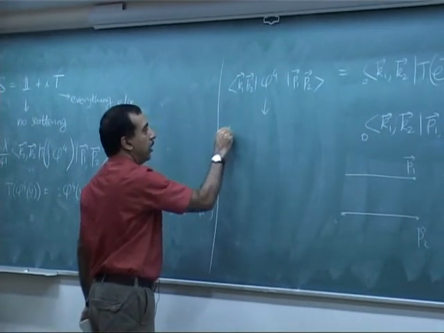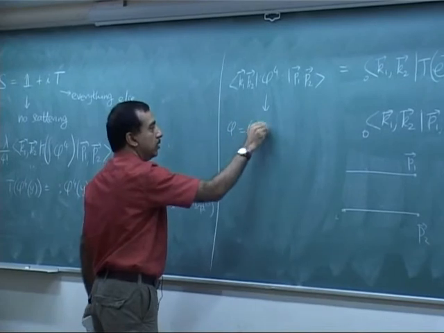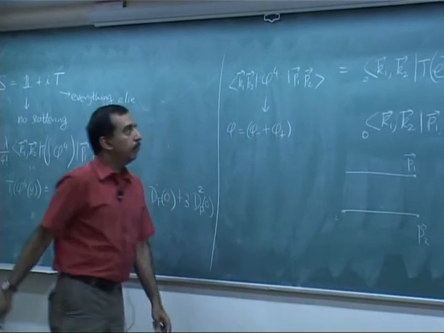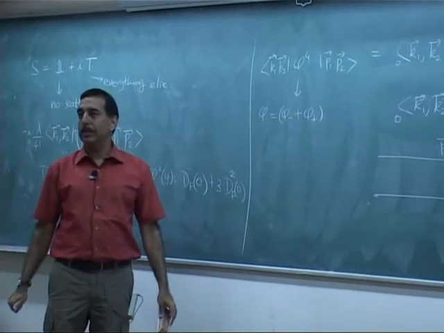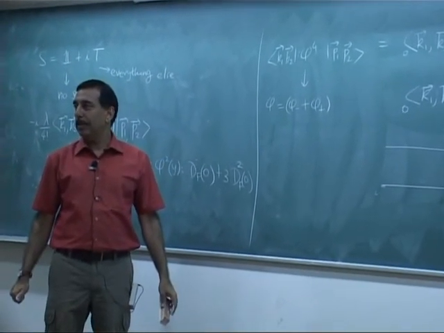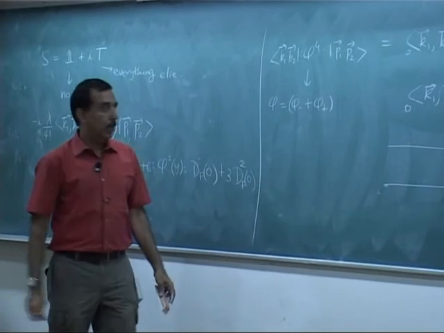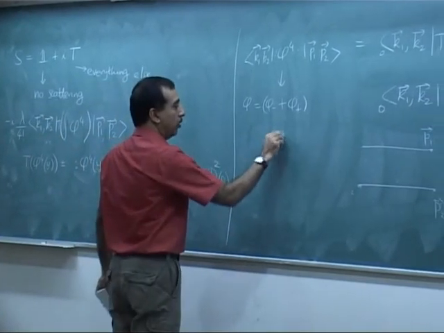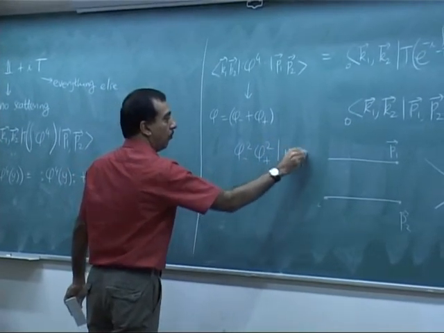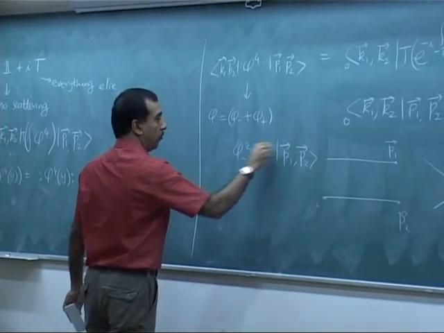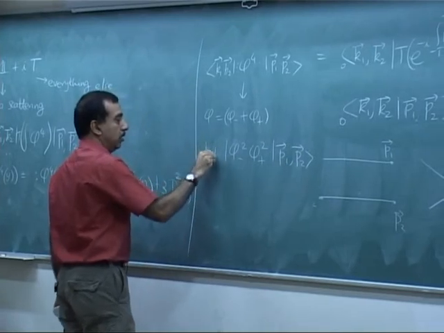Supposing I expand phi as phi minus plus phi plus, which I did last time, which term destroys 2 particles and creates back 2 particles in phi to the fourth? Phi minus squared, phi plus squared. This term is non-zero and all other terms are 0.